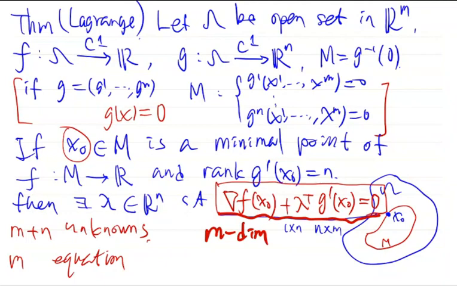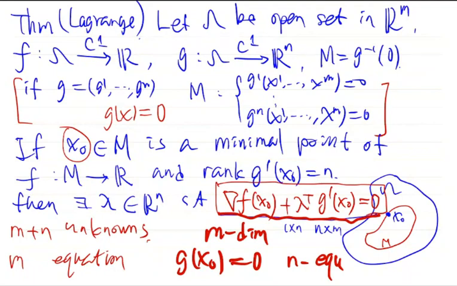But we need to remember that G(x0) is also 0, because x0 is a point in M. This provides us another n equations. So we have m plus n unknowns, x0 and lambda, and we also have m plus n equations.